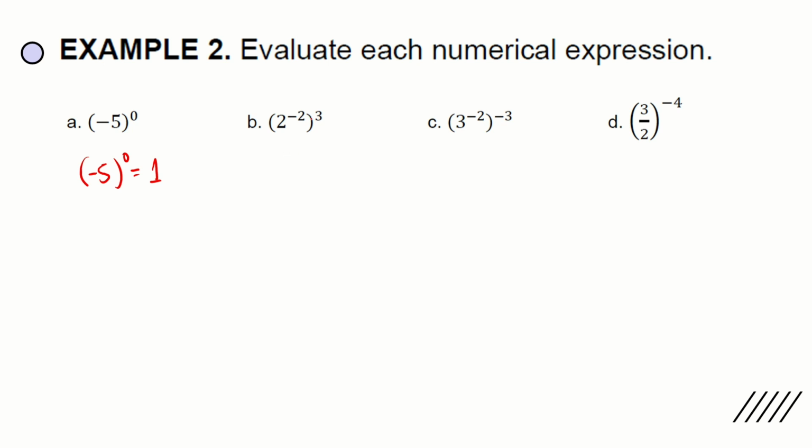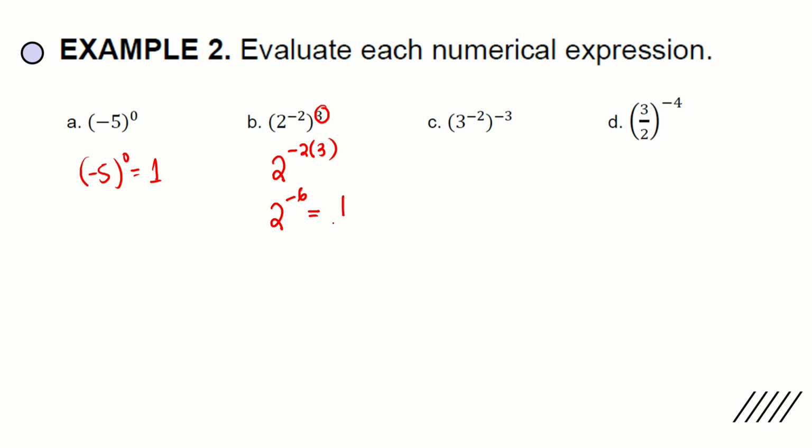In letter B, to solve for this, we will distribute the 3 to negative 2. So we apply the power to a power rule. That's 2 raised to negative 2 multiplied to 3, which is equal to 2 raised to negative 6. And then we apply the negative exponent wherein we're going to get the reciprocal of 2 raised to negative 6.